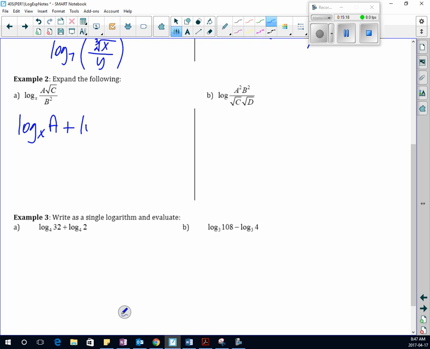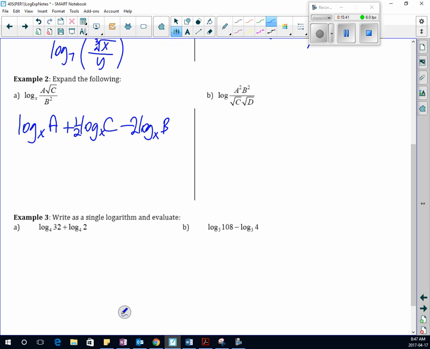So we're going to add C. Now C is to the power what? So that means really there's a 1/2 in front here. I'm skipping a step. Subtract log of B, and where does that 2 go? As a coefficient right there. So there's my final answer.